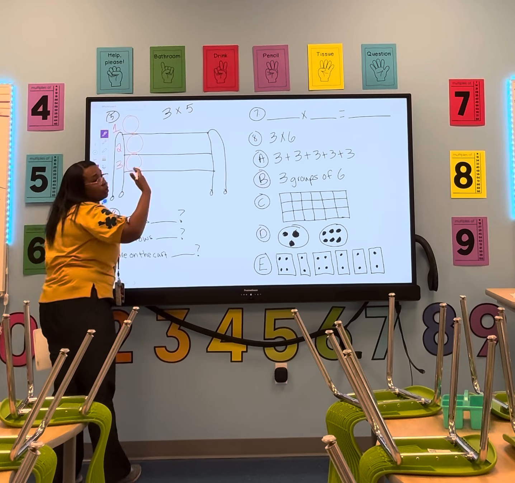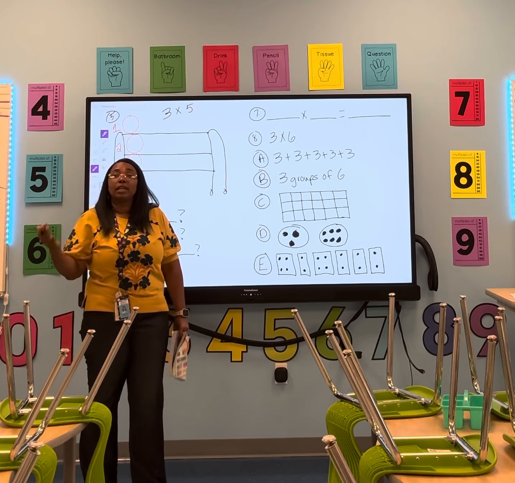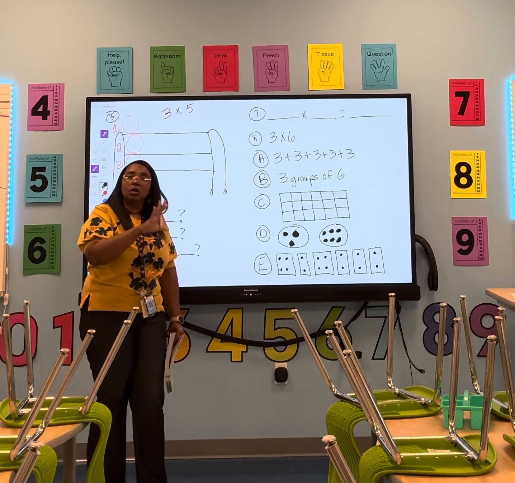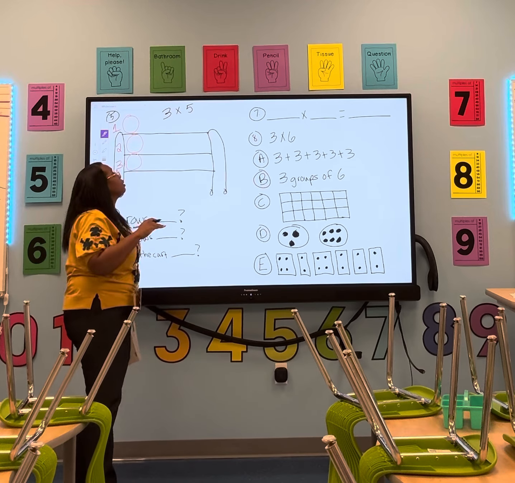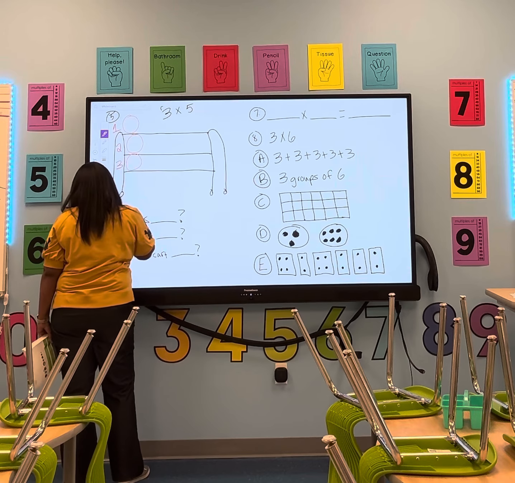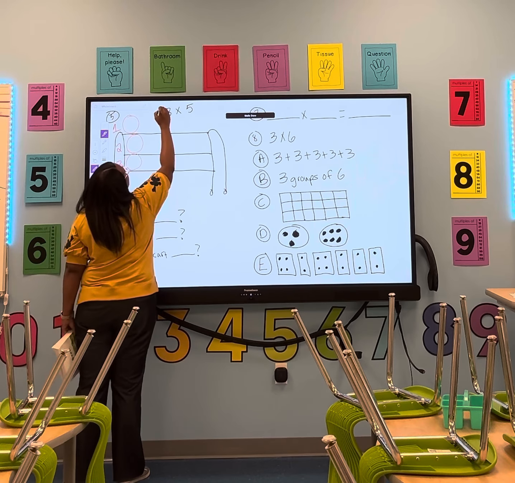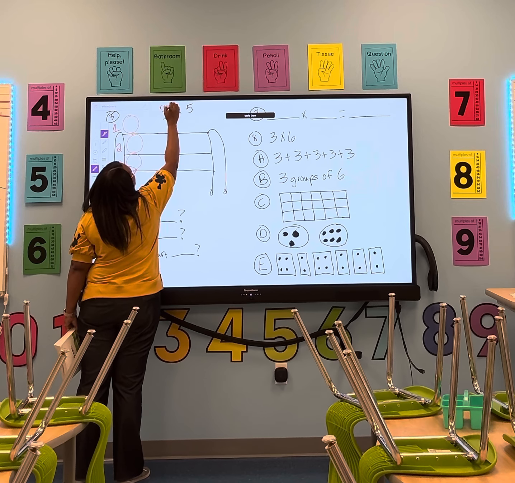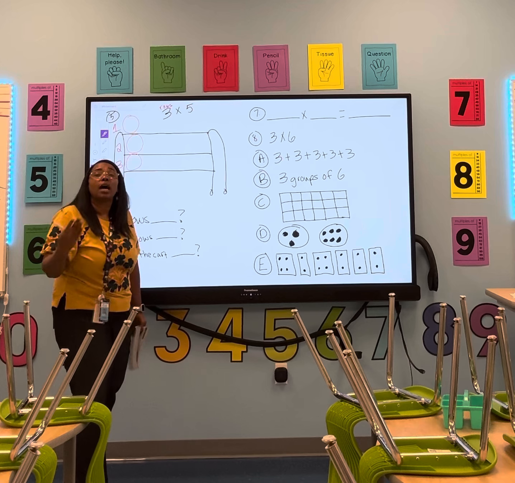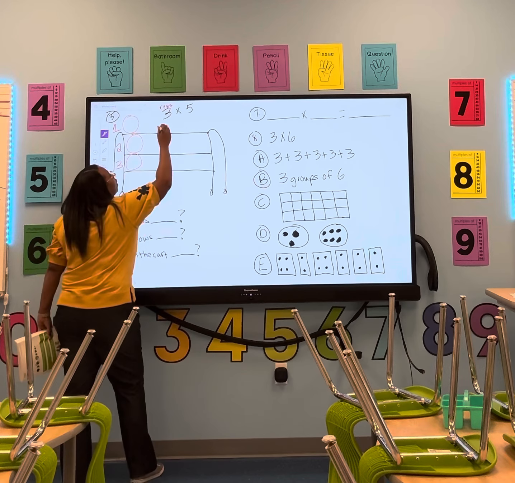I know when we did the groups on page 99, the first number was the groups. Well, when you do an array, the first number is going to be your rows. So I'm going to label that as rows. And I'm going to do it in a different color so it'll stand out. This is rows. The second number is going to be how many columns are in your row.